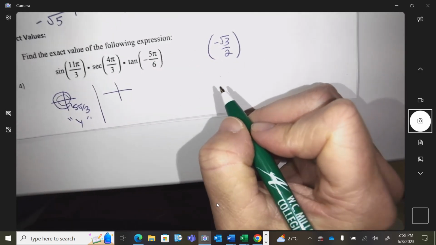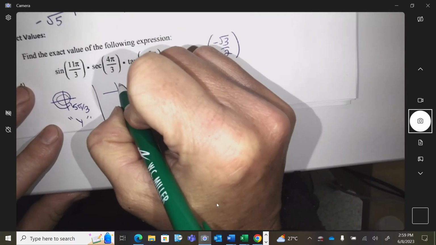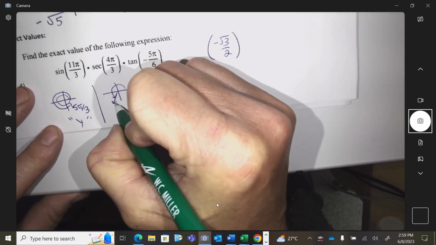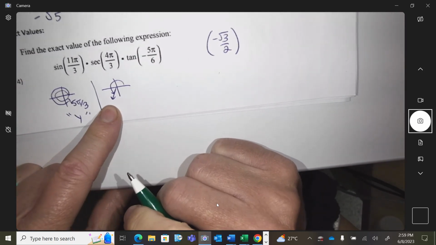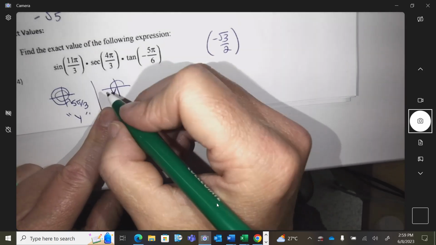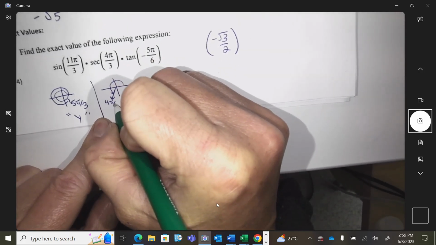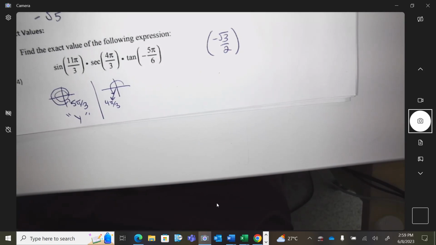Okay, 4 pi over 3. Are you looking here? You're looking here. Secant. What do I do with letters with secant? R over x. Okay, forget R for a second.